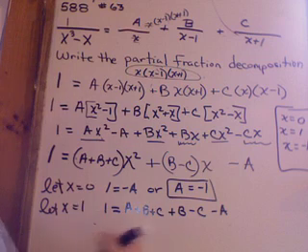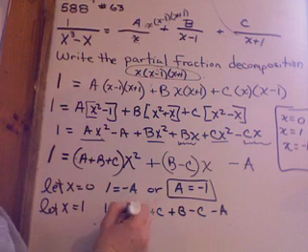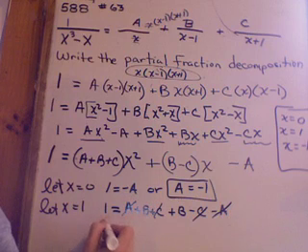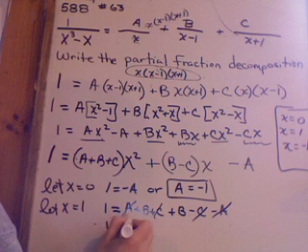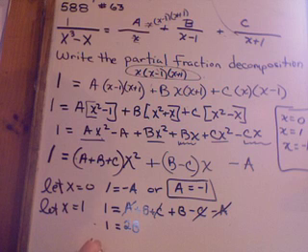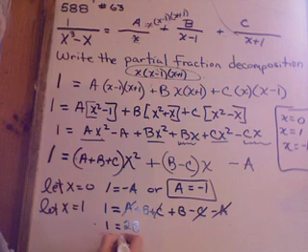Now, when I start adding like terms, look what happens. a and minus a, gone. c and minus c, gone. So I have here 1 equals b plus b, 2b. Finish solving that. And what do I get? I get b equals 1/2.